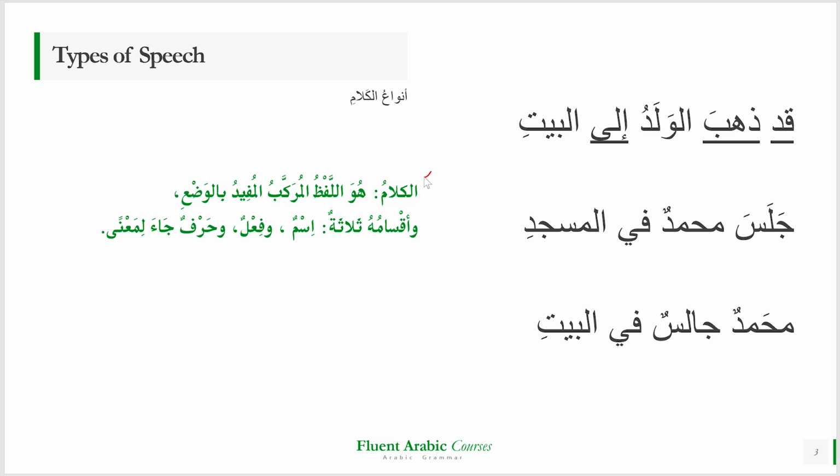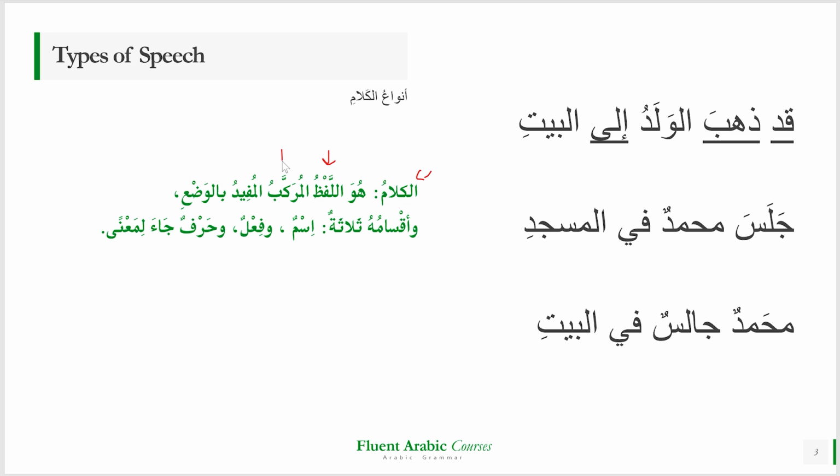So it says, Al-Kalamu huwa al-lafdhu al-murakkabu al-mufidu bil-wad'i. When you say Al-Kalam in Arabic, what do you mean? Huwa al-lafdhu. It is a spoken utterance, as opposed to something that is written. Al-Kalam is, of course, something that is said. It is something uttered.